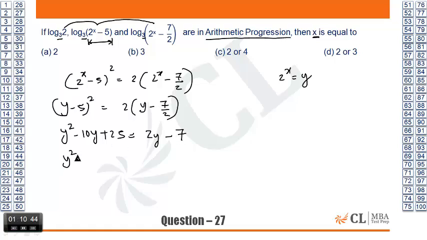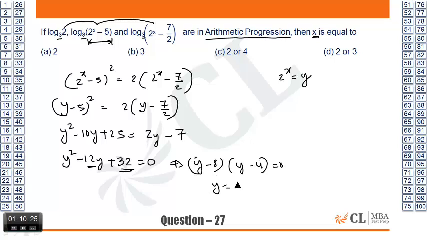So y square minus 12y plus 25 plus 7, that is 32, equals 0. 32, 12: 8 4s are 32, 8 plus 4 is 12. This becomes y minus 8 into y minus 4 equals 0, which means y equals 8 or y equals 4. Two values, no?